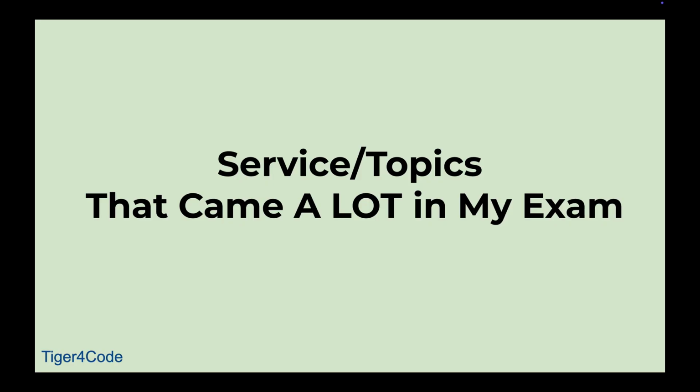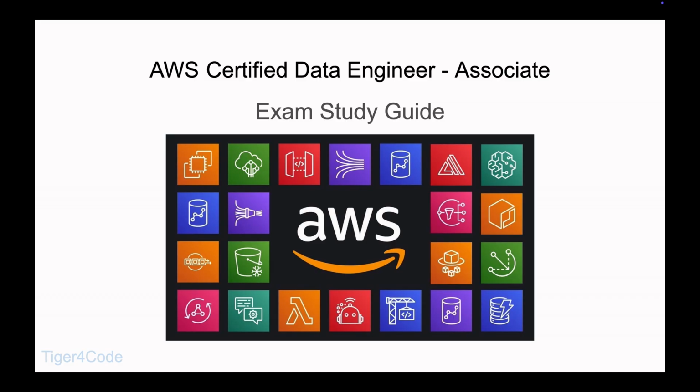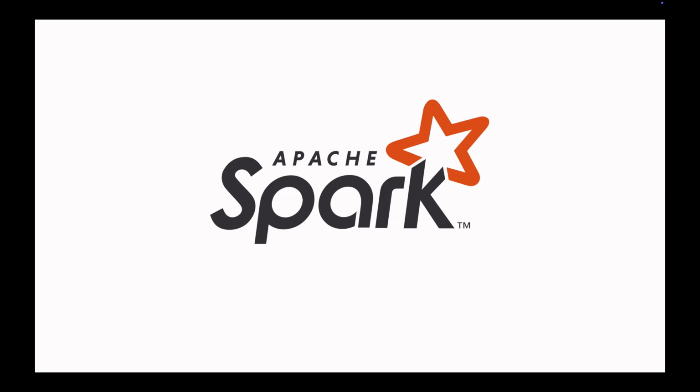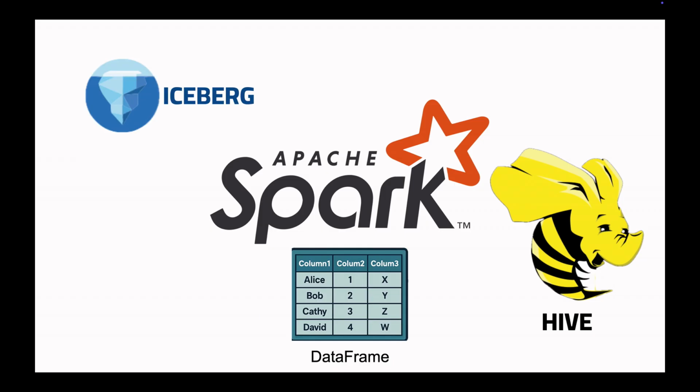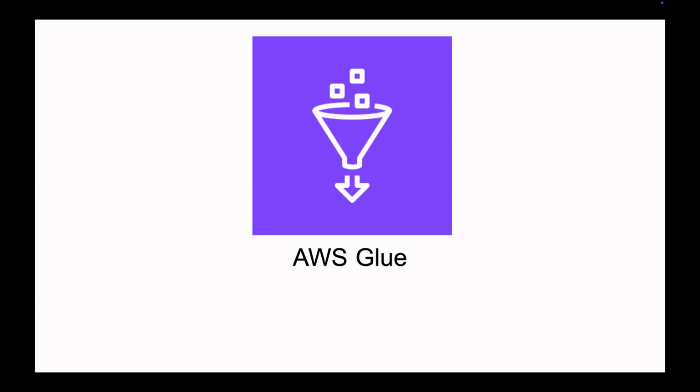Now, let me briefly cover the AWS topics and services that showed up a lot in the exam. Apache Spark is important. It is the foundation of Amazon Glue, and you will see questions about Apache Spark data frames, Hive Metastore, and Iceberg tables. Glue is definitely a major service in this exam.